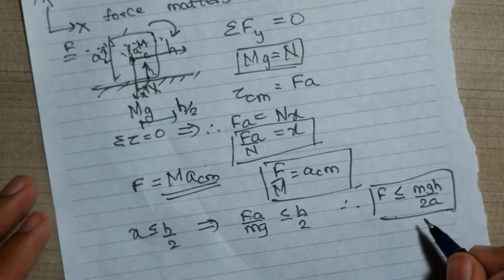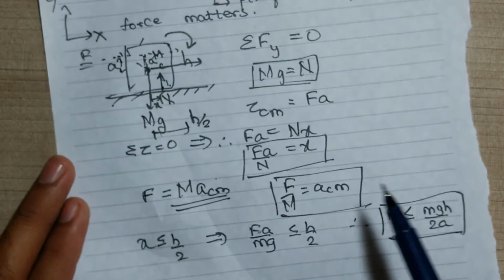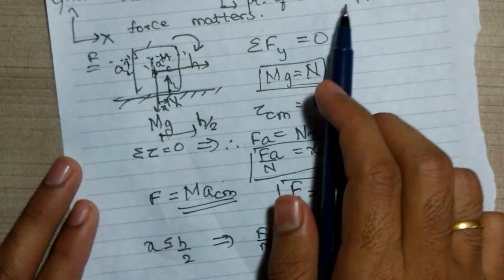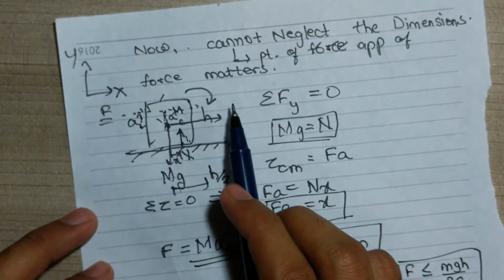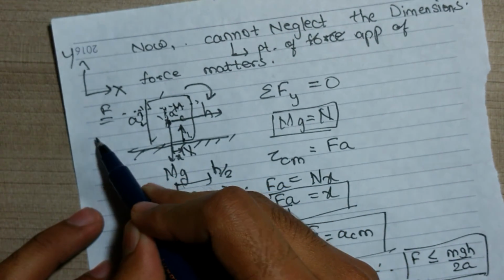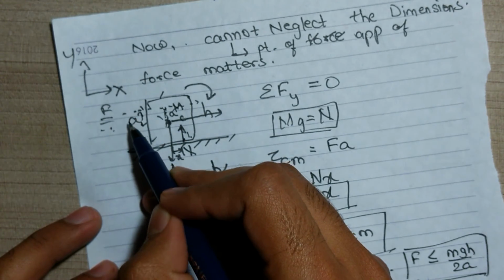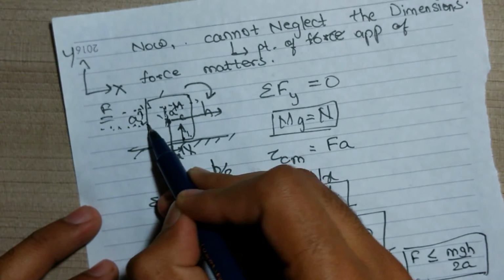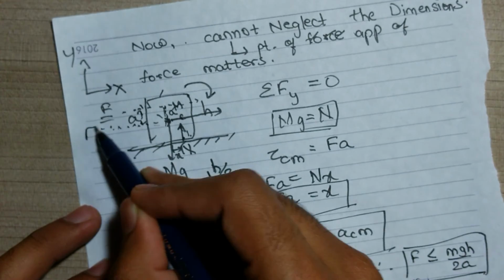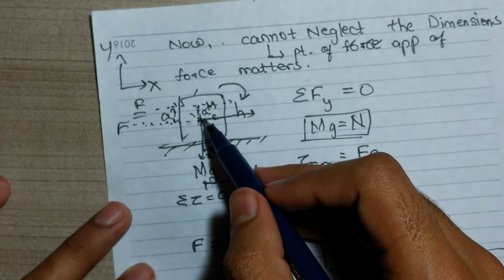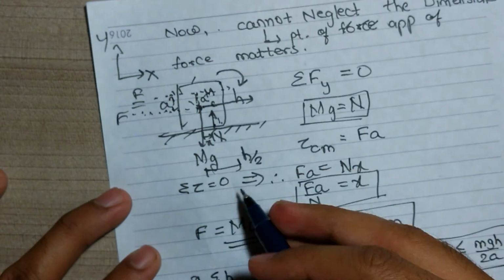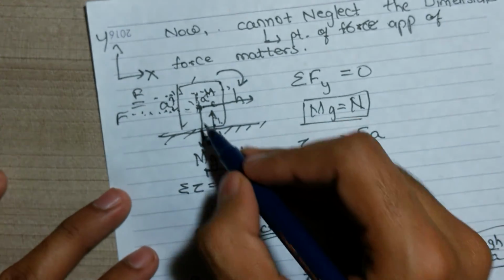Now we should understand how the point of application of force matters over here. Instead of the force being applied at height a above the center of mass, if it is applied along the line of the center of mass, the torque about the center of mass will be 0, and that is why the normal will then pass through the center of mass itself.